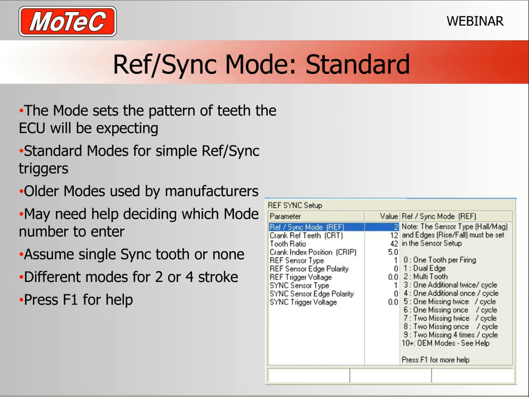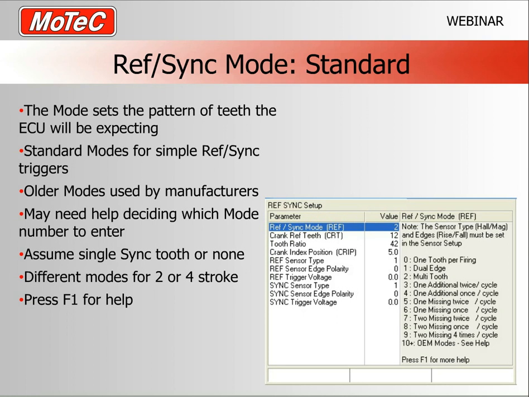So these are things like multi-tooth modes, where you just have like possibly 12 even teeth, or the simple missing tooth or additional tooth modes, like perhaps some of the Toyotas where they have a single sync tooth and 36 minus 2 missing teeth, again like the photo I had in the previous slides.